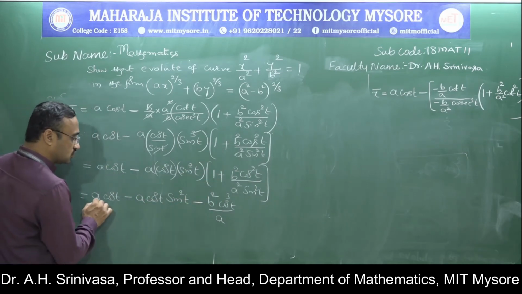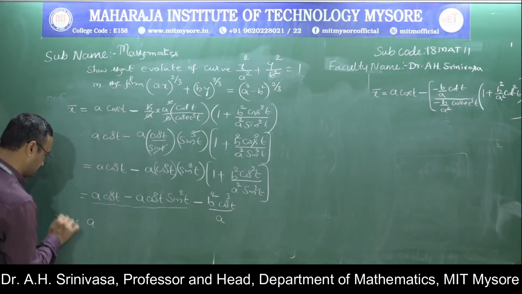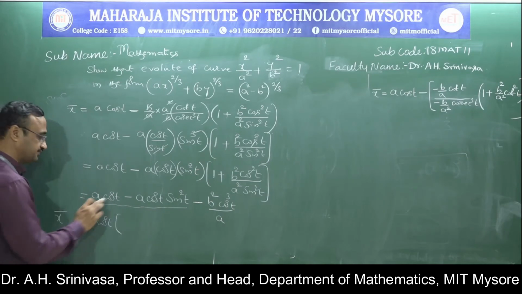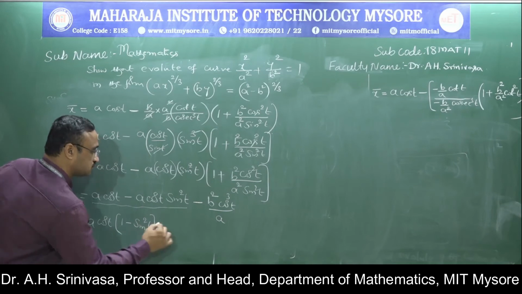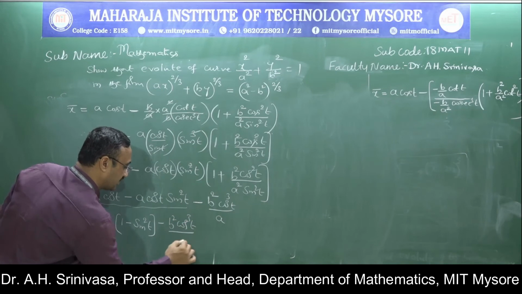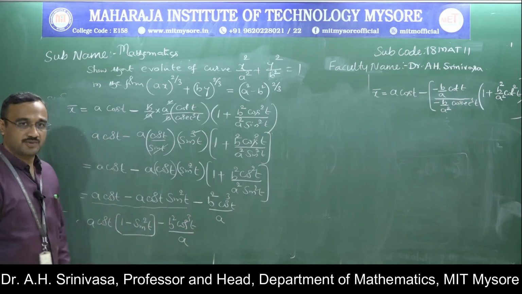Okay, from these two, take a common factor of a cos t. That is a x bar. If I am taking a cos t, then it becomes 1 minus sin square t minus b square cos cube t divided by a. Now use the identities of trigonometry.